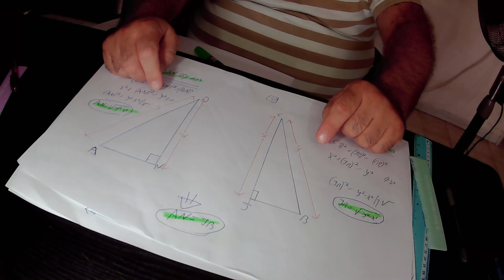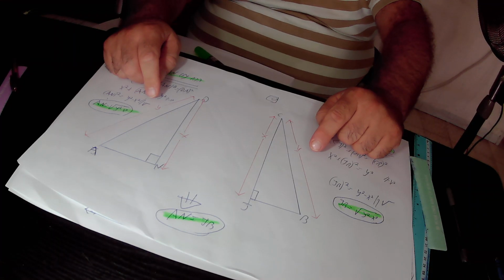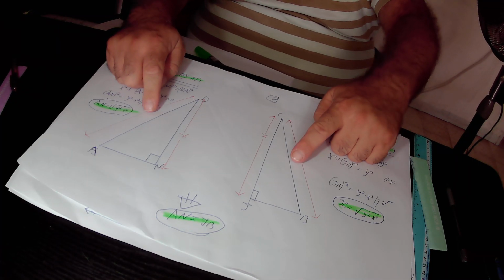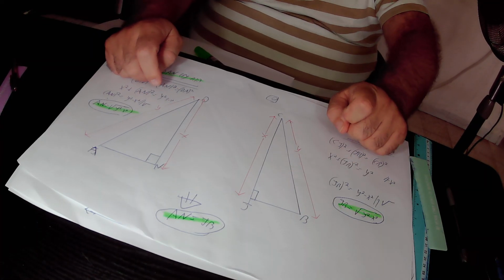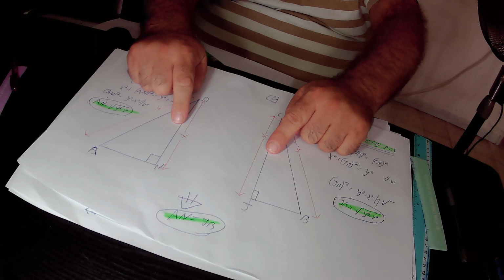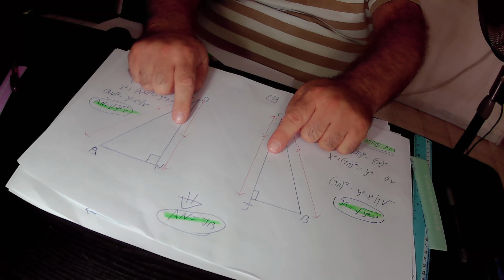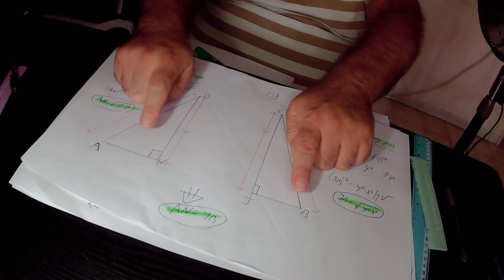So I define the length of those two hypotenuses as Y. Those two other sides are also equal to each other, so I define each of them as X. While those two sides, AN and JB, are equal to each other.